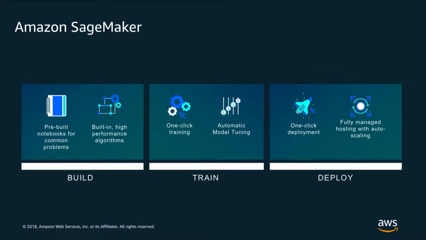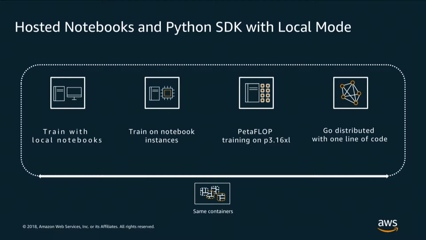Amazon SageMaker, what we're trying to do here is we want you to focus on three aspects of machine learning. We want to make it easy for you to build, train, and deploy the models. So for enabling our customers and developers to build, we have a hosted notebook environment where within a few clicks you can actually get a Jupyter notebook that is provisioned.